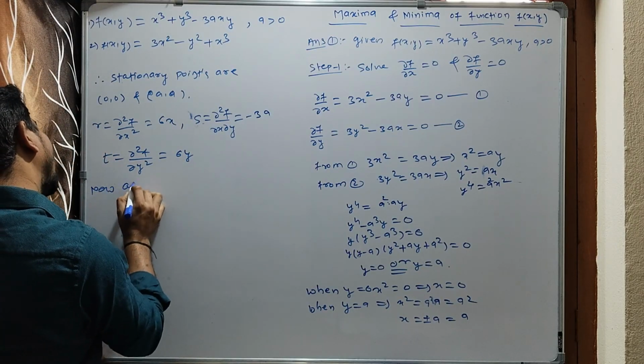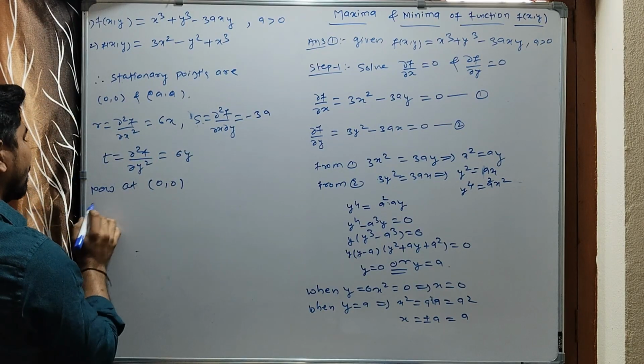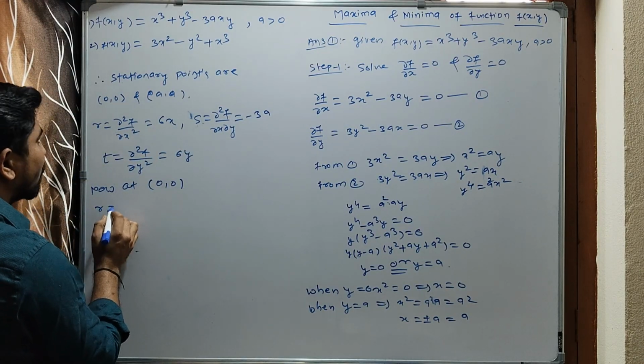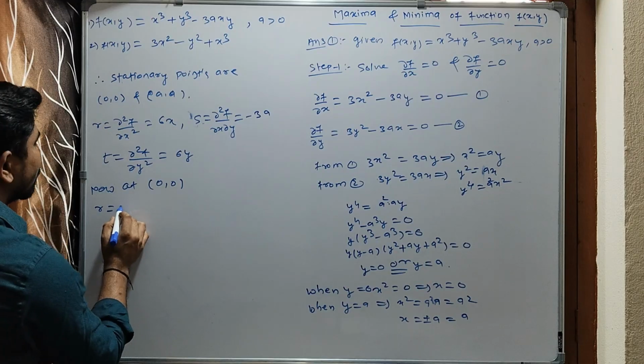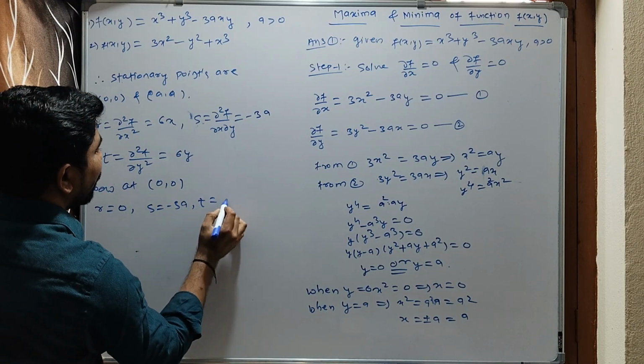Now at 0, 0 find r, s, t. So at 0, 0, r equal to, put x is 0, y is 0, so 0, s equal to minus 3 times a and t equal to 0.